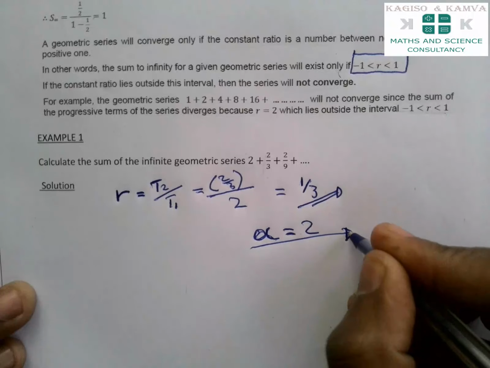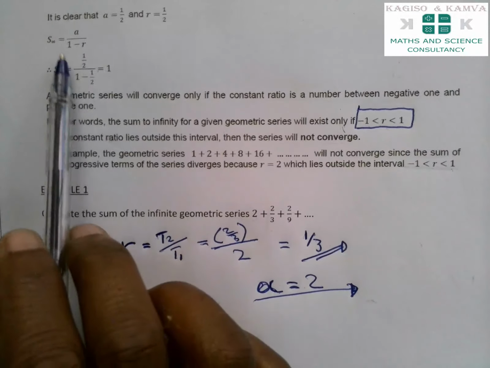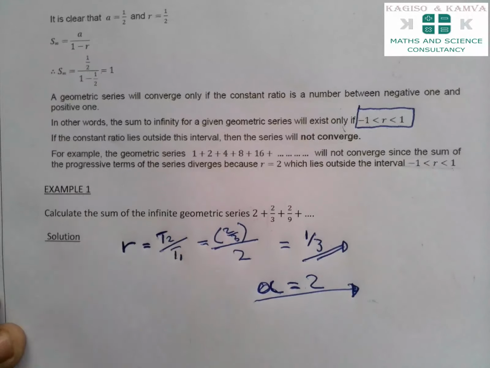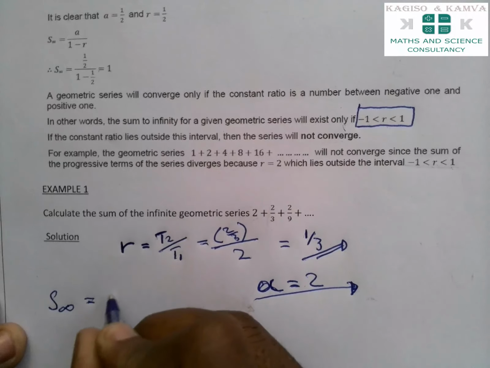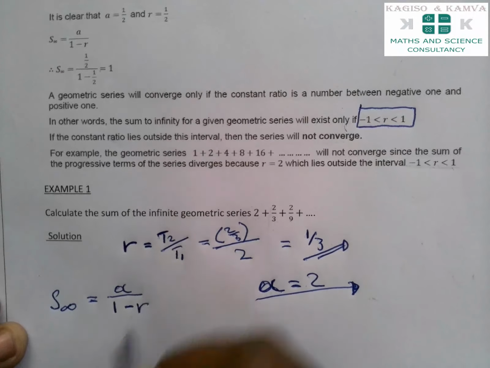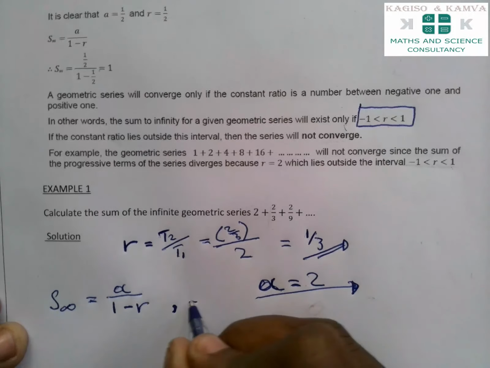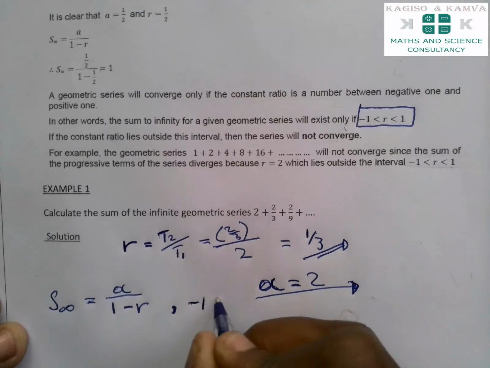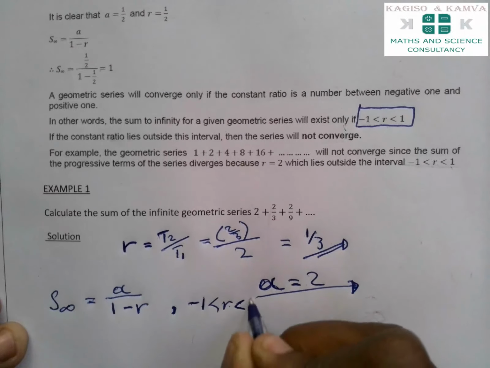So we use our formula for determining the sum to infinity. The sum to infinity is equal to a over 1 minus r, provided that r is greater than -1 but less than 1.